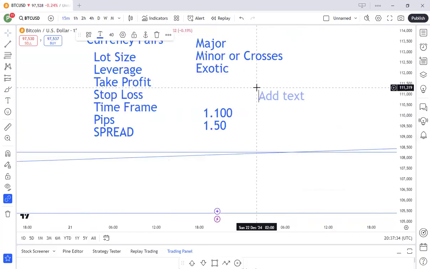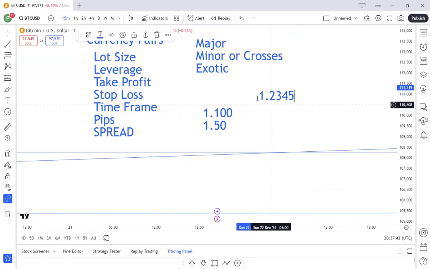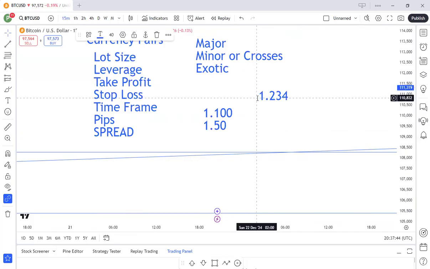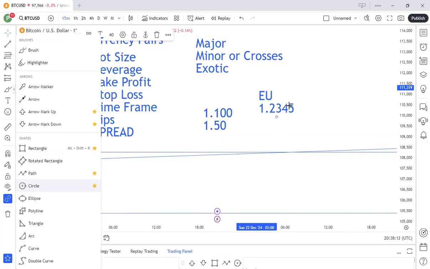For those who don't understand, let's say it has a quote of 1.2345.